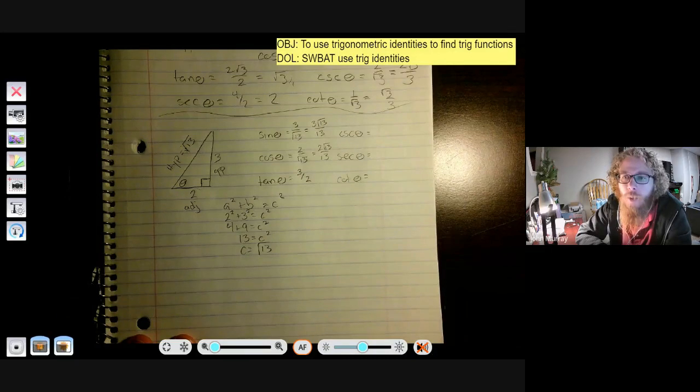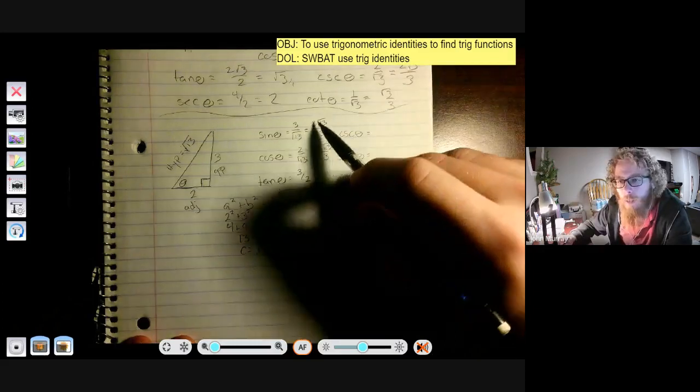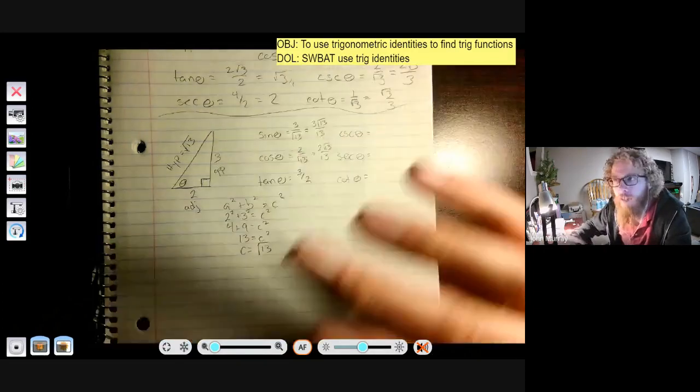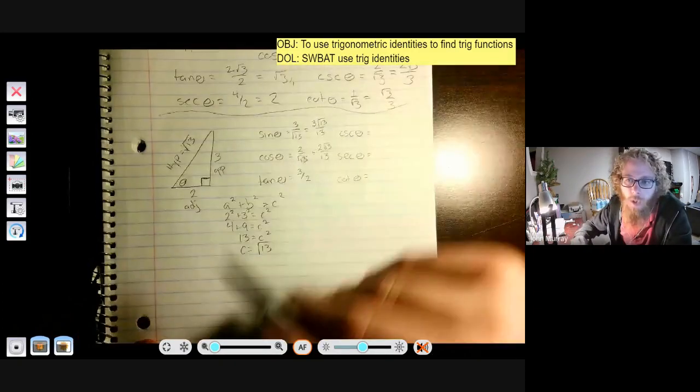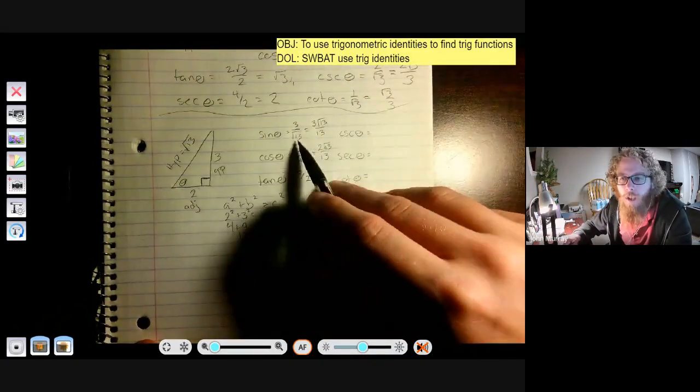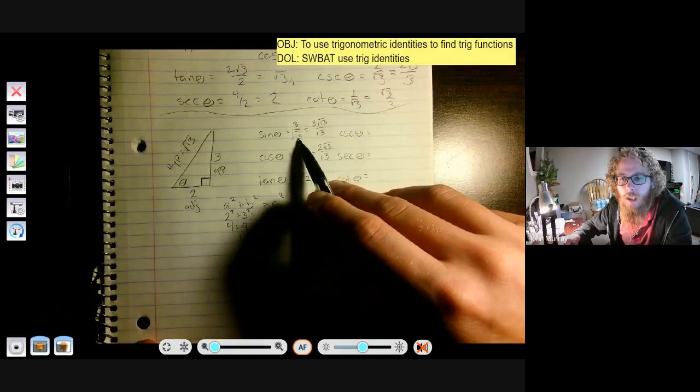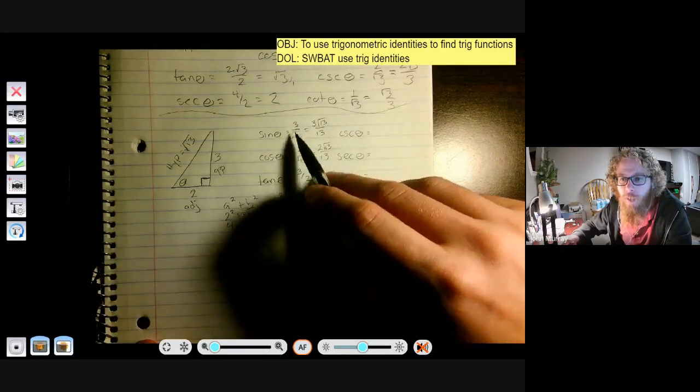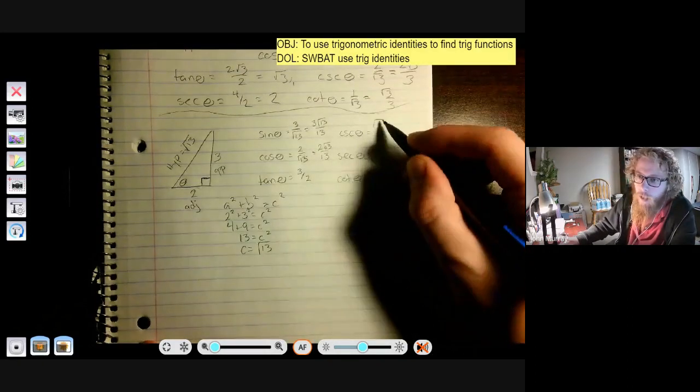Now the cosecant, remember, is the reciprocal of sine. You could take the reciprocal of this, but then you'd have to mess around with it because the square root would be in the denominator again. So for that, we're going to go to the improper form, and I'm just going to flip this.